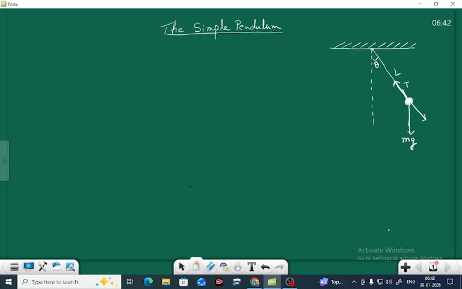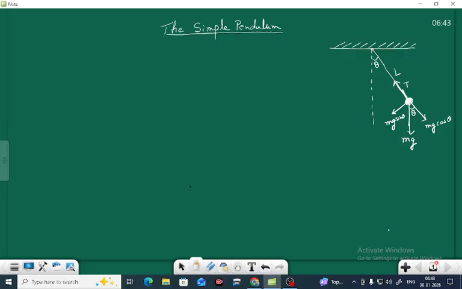So if it is mg, then this component will be mg cos theta. And there is another direction at 90 degrees to that, it will be mg sin theta.